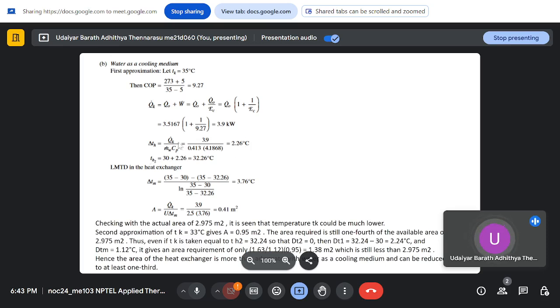So the water is coming in at 30 and going out at 32.26 degrees Celsius. The logarithmic mean temperature difference is 3.76 degrees Celsius for 35 degrees condensing temperature. With that the area comes out to be 0.41 meter square. So we find the actual area is 2.975 meter square.